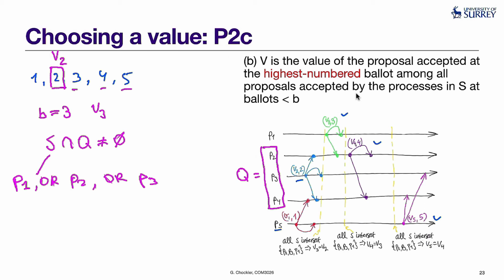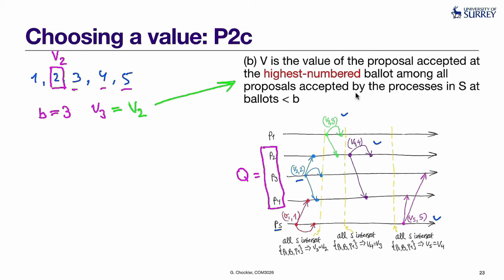And obviously, this is going to be the highest ballot of any accepted value that we can see, right? Because the lower ballot can only be the ballot 1, and so 2 is higher than 1. So that means that this value V3 would necessarily be chosen to be equal to V2 according to part B.